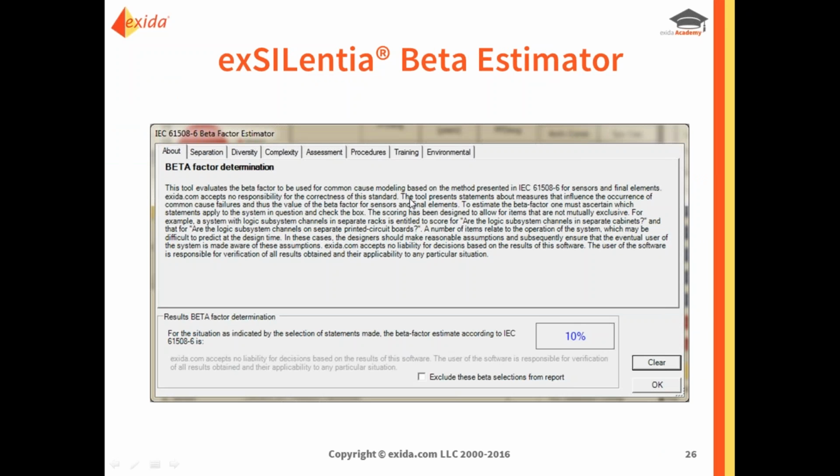There is a question here. One of the attendees still has a bit of a problem considering beta for 2 out of 2, and I know it's counterintuitive.